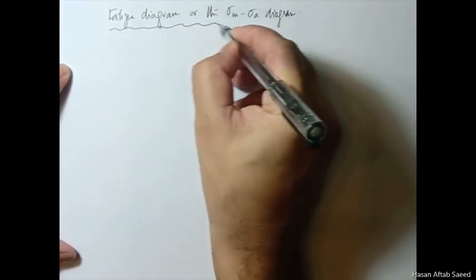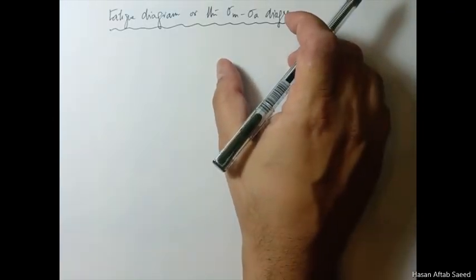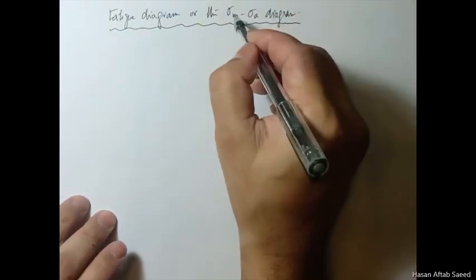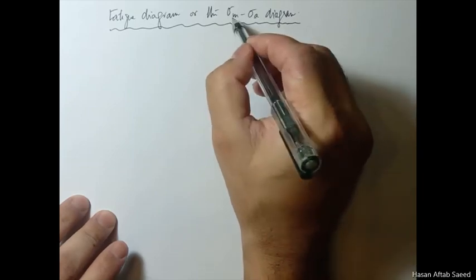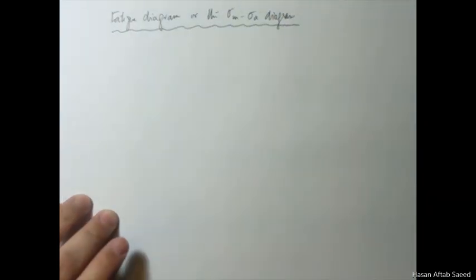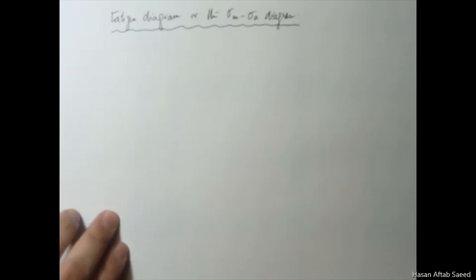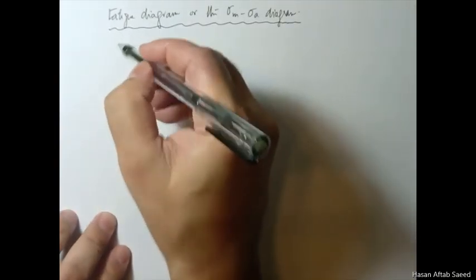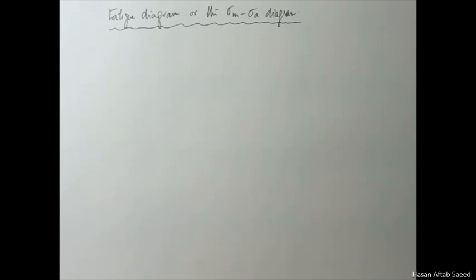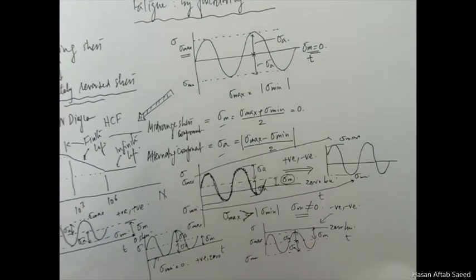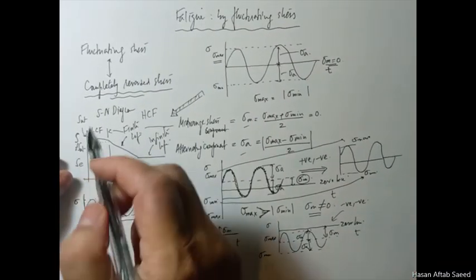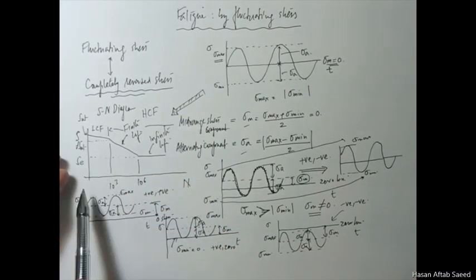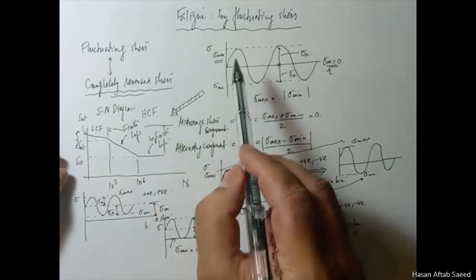It should be very clear now. Before doing fluctuating stresses, the only stress component was sigma a. Sigma m was 0, and so we didn't call it sigma a by this name, but we knew what was happening there. That is why whenever we plotted the SN diagram, it was always sigma a that was plotted on this axis.